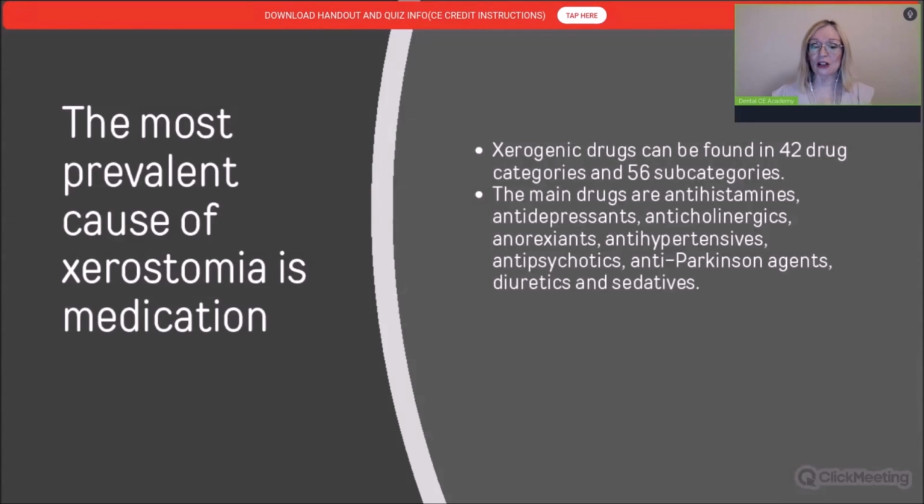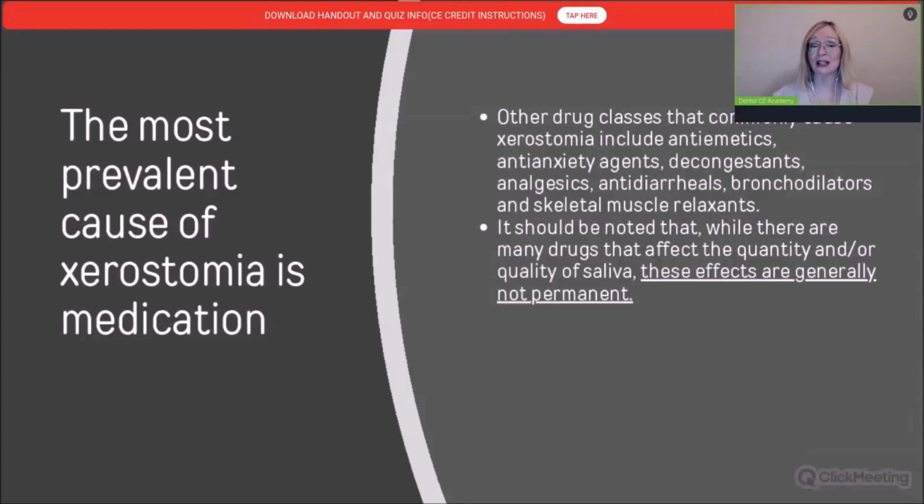We described that xerogenic drugs are found across 500 or more medications, 42 drug categories, 56 subcategories. I defy you to find a patient who does not walk in during the day taking at least one of these, especially during allergy season.